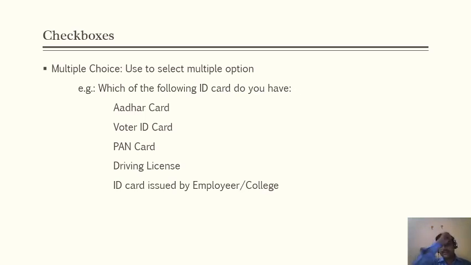For example, to collect information on what identity cards you have: in India, we have multiple kinds of identity cards like Aadhaar card, voter card, PAN card, etc. If we ask which of the following cards you have, we give multiple-choice checkboxes, and the user may select whatever identity cards they have.